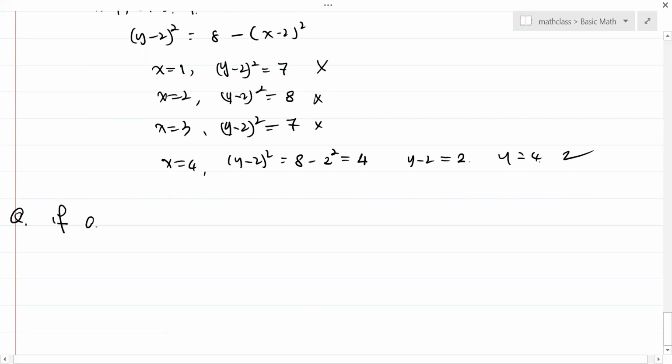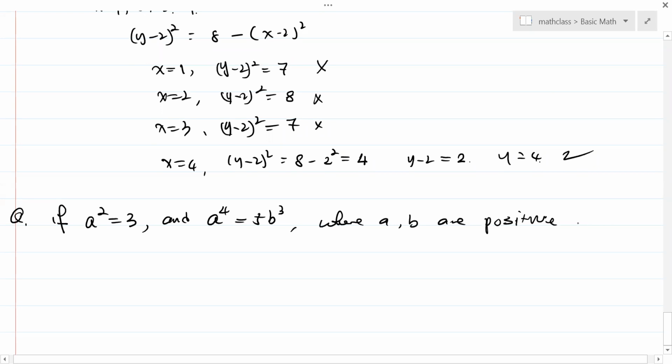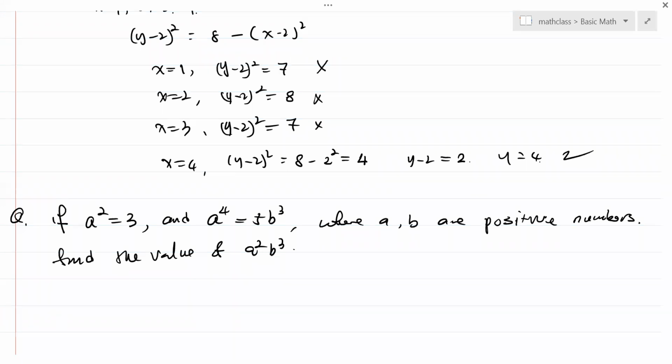So if a squared equals 3 and a to the 4th power equals 5b cubed, where a and b are positive numbers, not positive integers. Numbers can be not necessarily integers. Find the value of a squared b cubed.